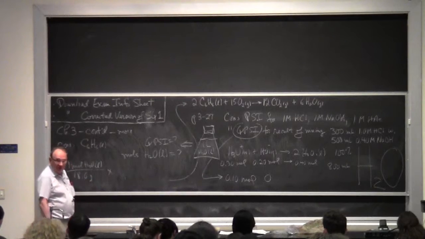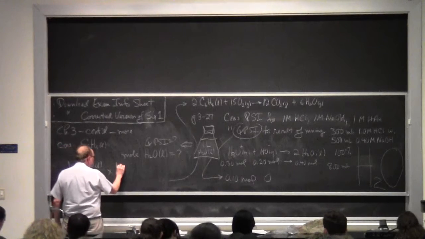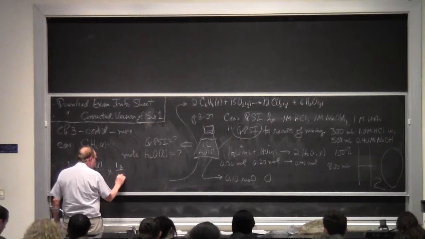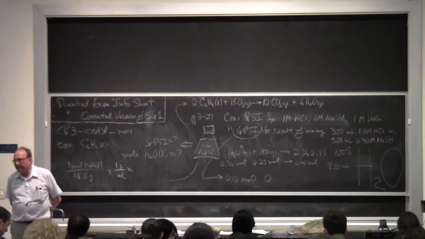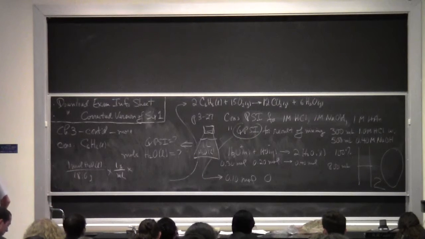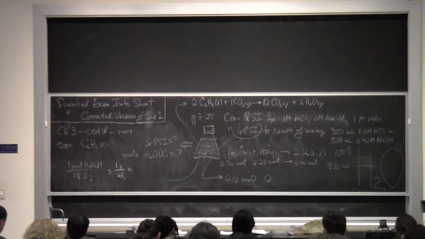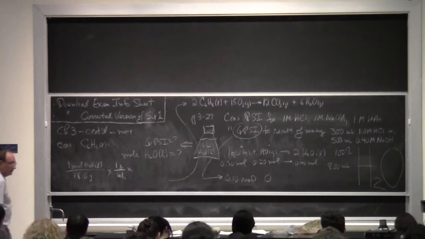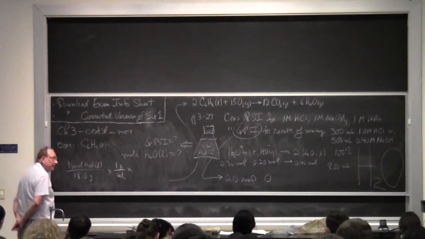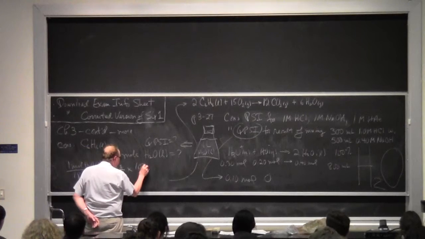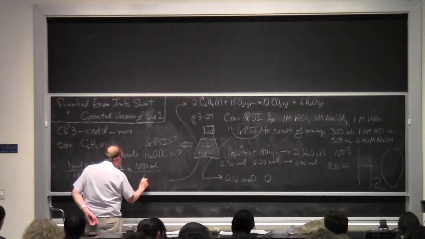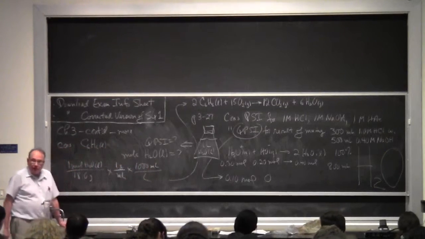And the density of water, practically speaking, is this. But I'm not dealing with a milliliter quantity, am I? I'm dealing with a liter quantity. How many milliliters in a liter? Okay. Now, please examine the units.